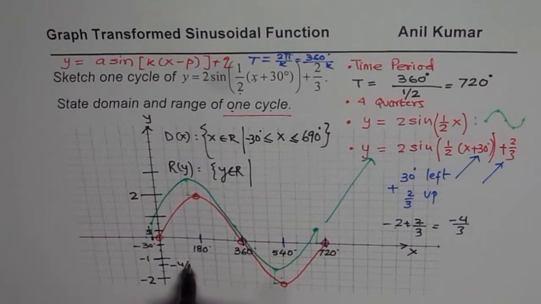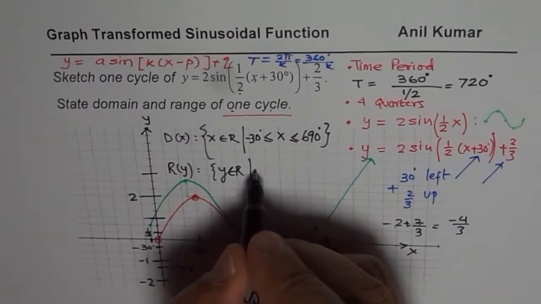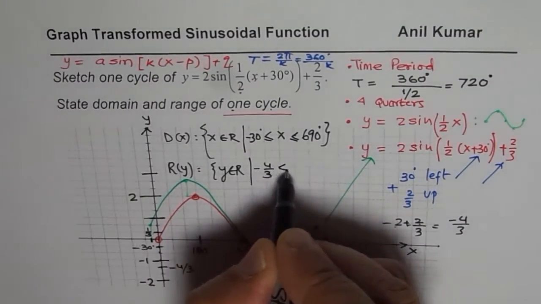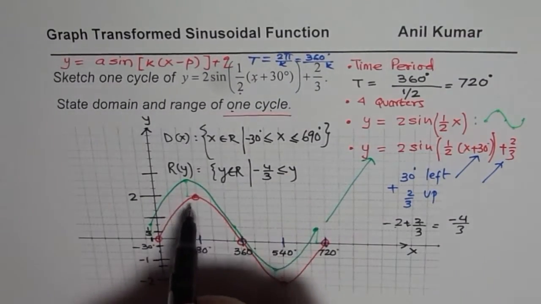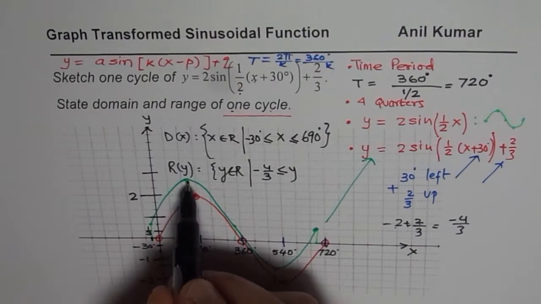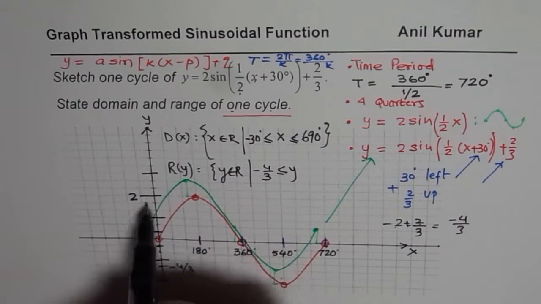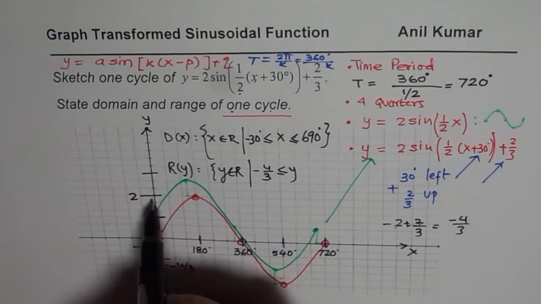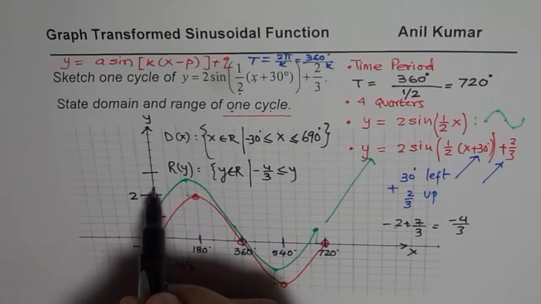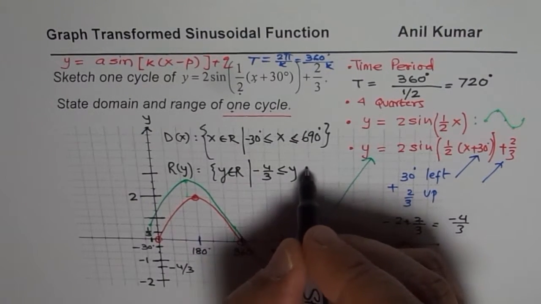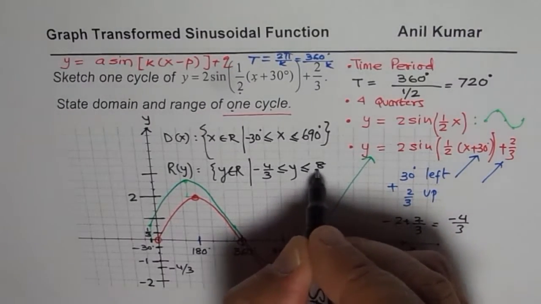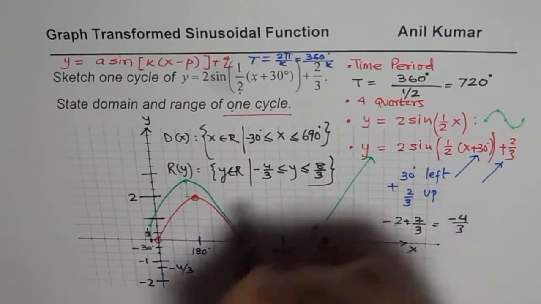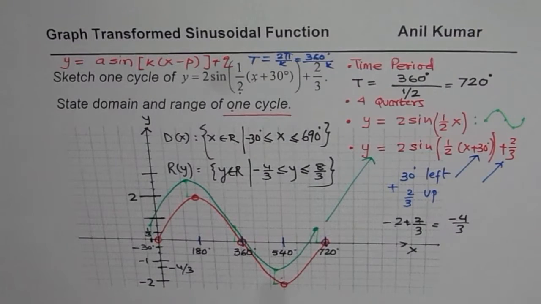That is minus 4 over 3. So the minimum is minus 4 over 3 and the maximum is 2/3 more than 2, right? So if we divide into 3 portions, this will be 6 over 3, 7 over 3, 8 over 3. So that's another way of getting it. So it is 8 over 3, correct?